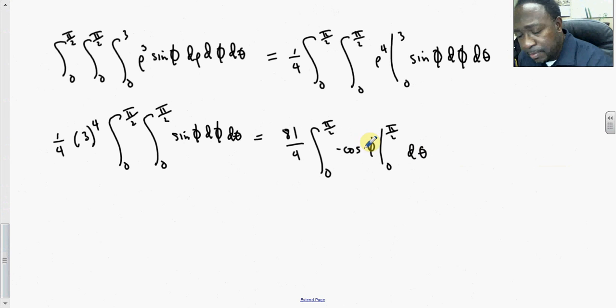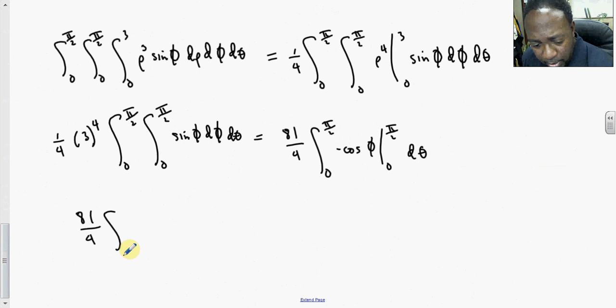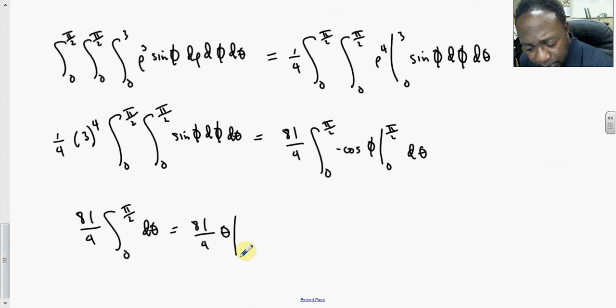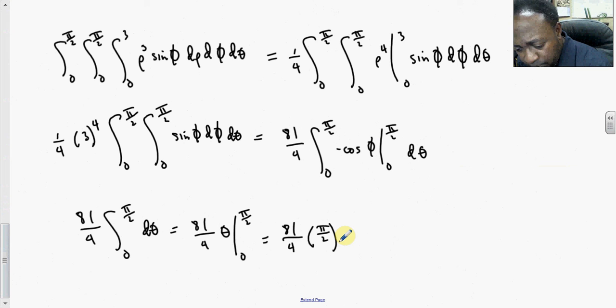So cosine at pi over 2 is 0, then minus, this minus is positive, cosine at 0 is 1. So that just gives us 81/4 times the integral from 0 to pi over 2 d theta. This gives us 81/4 theta, evaluated from 0 to pi over 2. So we get 81/4 times pi over 2. That gives us 81 pi all over 8.